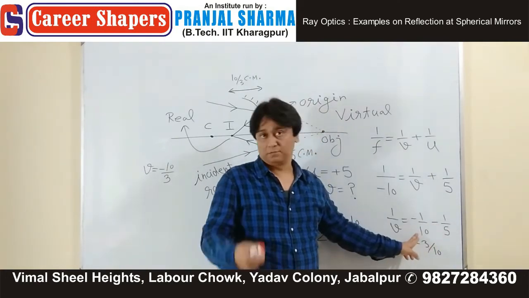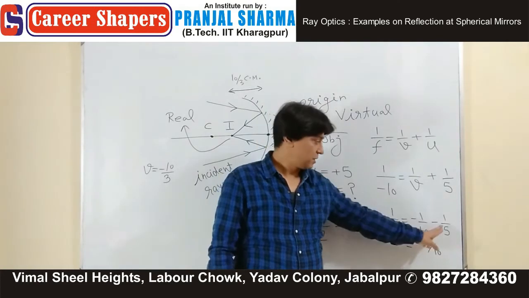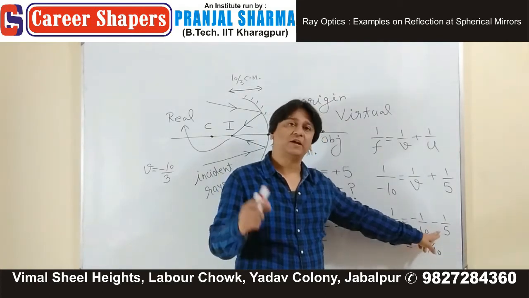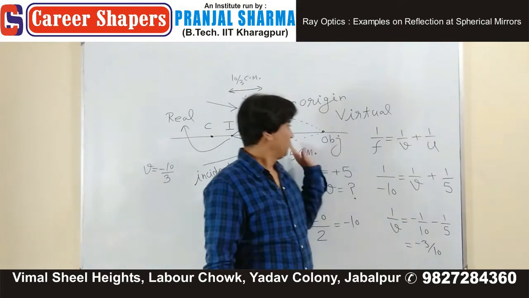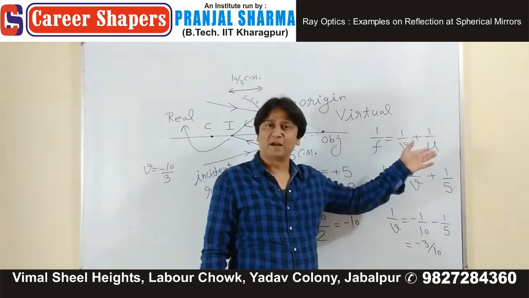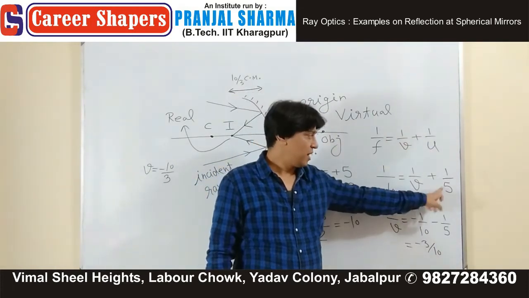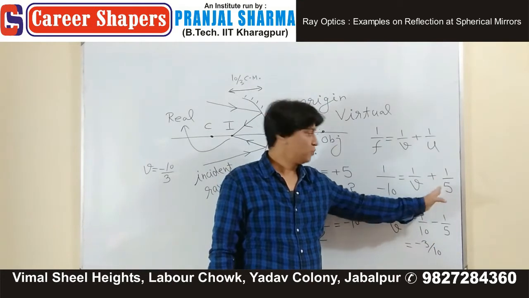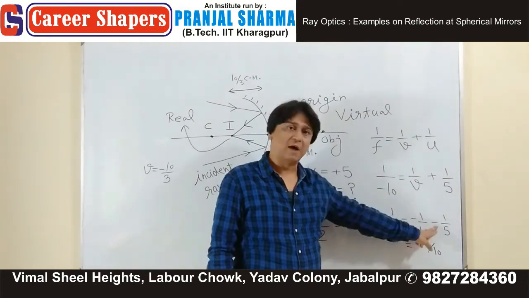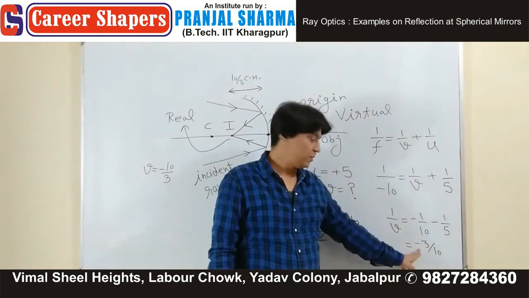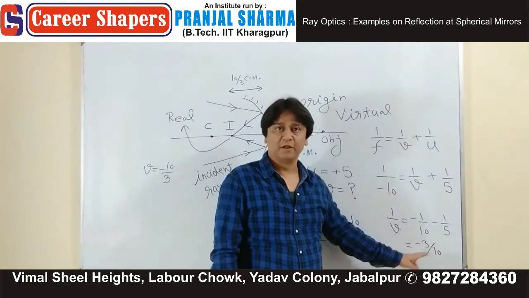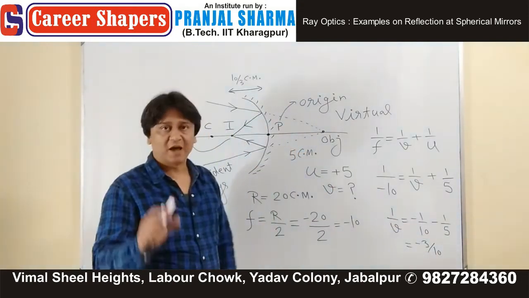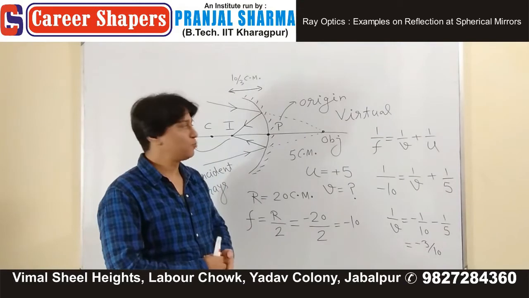Focal length is always negative. If object is virtual, 5, 6, 7, doesn't matter, whatever it is, when you shift, it becomes minus. So V is always going to be negative.